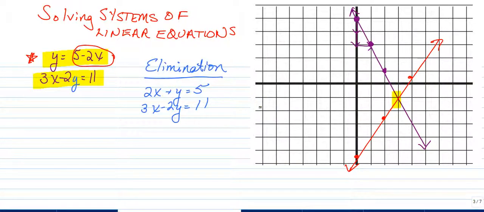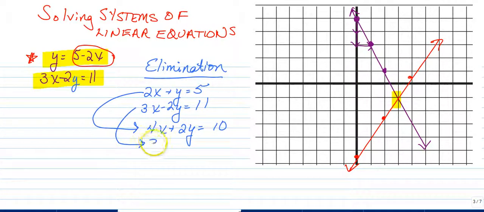Now in order to eliminate that, what we need to do is take the first equation, follow the arrow, and multiply it through by 2. So I'm multiplying the entire equation by 2, and I get 4x plus 2y equals 10. The second equation is going to remain unchanged, and at this point you will see why we did what we did.